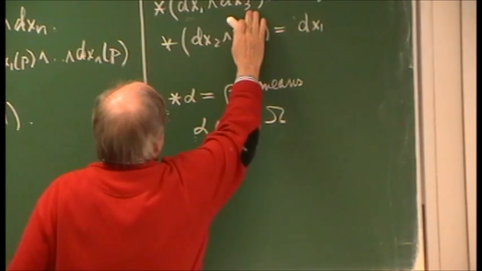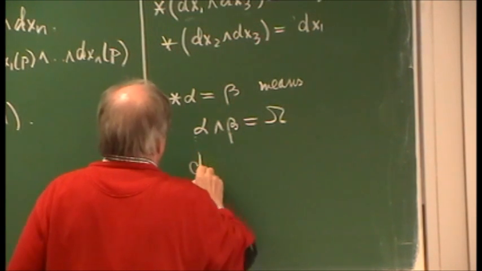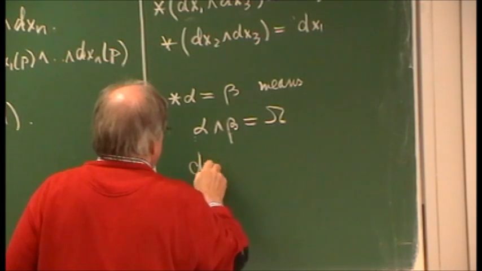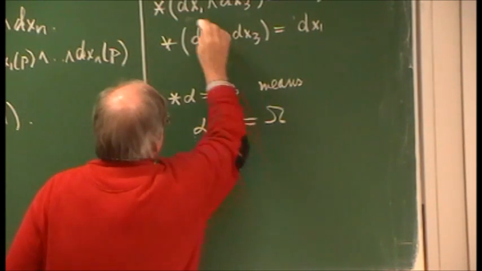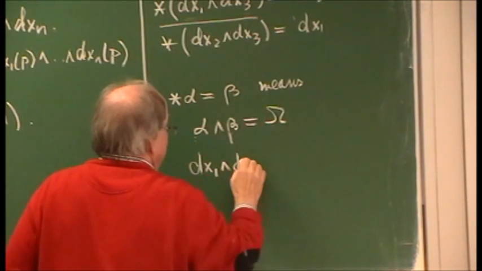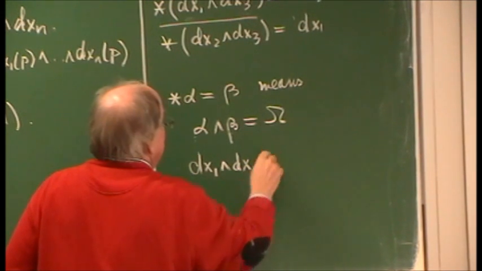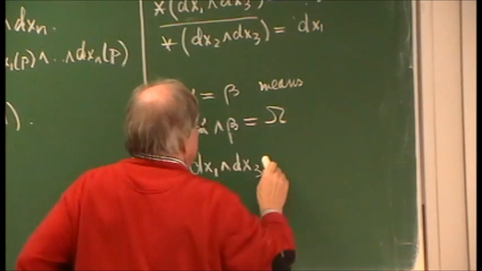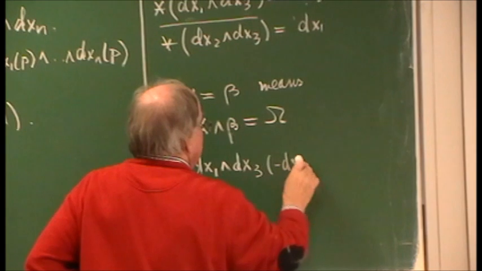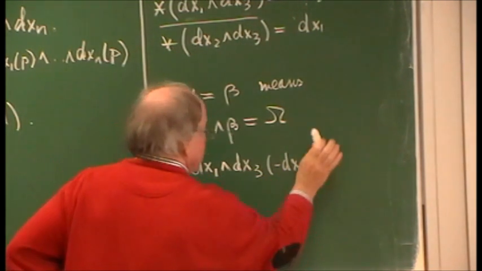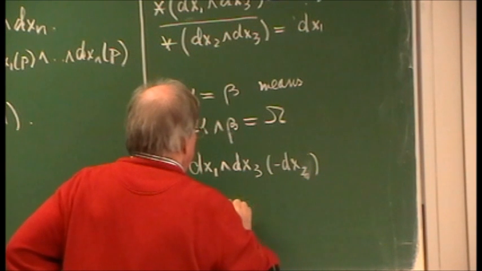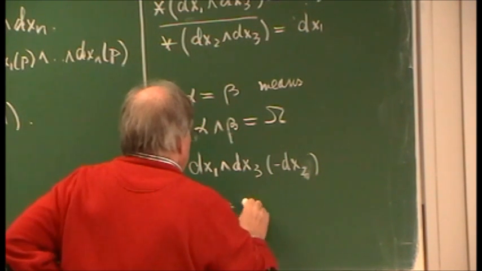This star of this thing, so this is alpha, and let's call the second thing beta. I think maybe this is what you mean by definition. I'm talking about this thing here. This thing is going to be this. What did I do here?